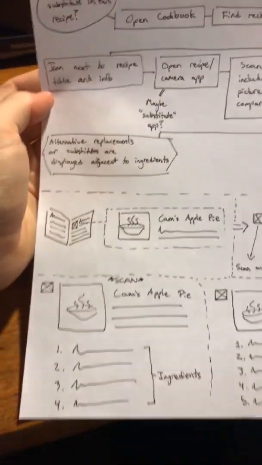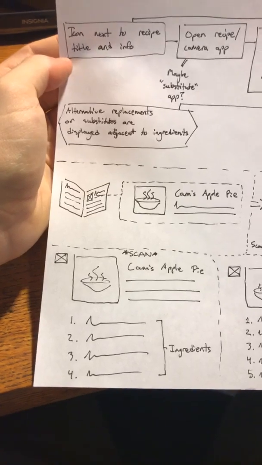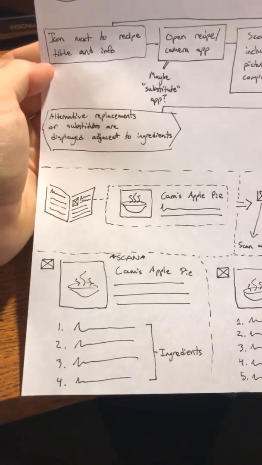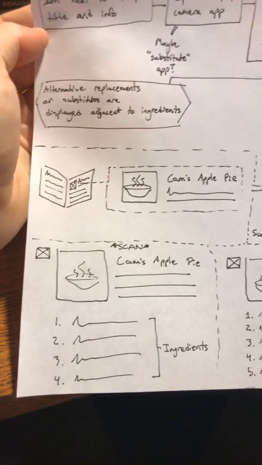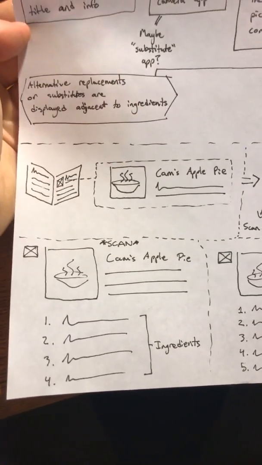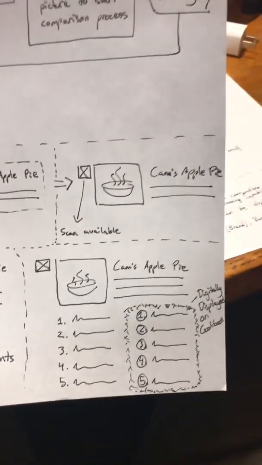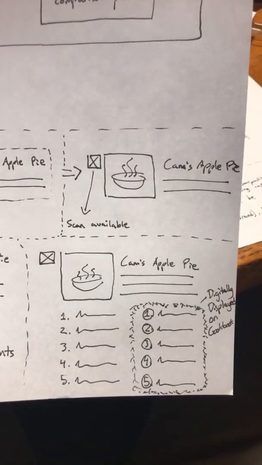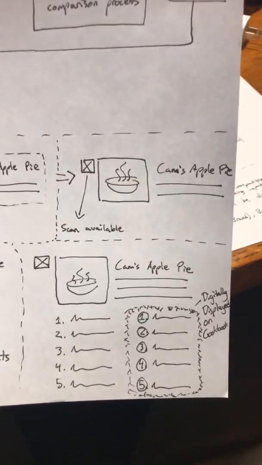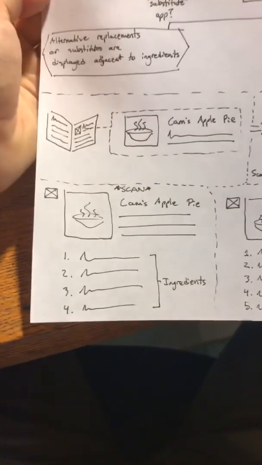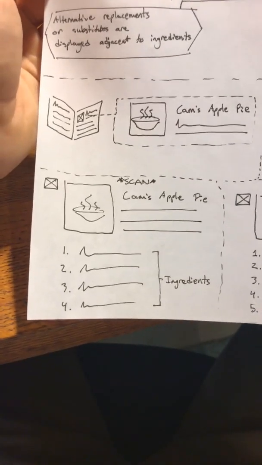So, basically the process is you look at the book, this is what the drawing would look like. You look at the book, Cam's apple pie, that's what you normally see. So in this case, you add the icon for the scanning capability, or a scan available for it. Open up your camera, scan the apple pie. The ingredients are listed below.